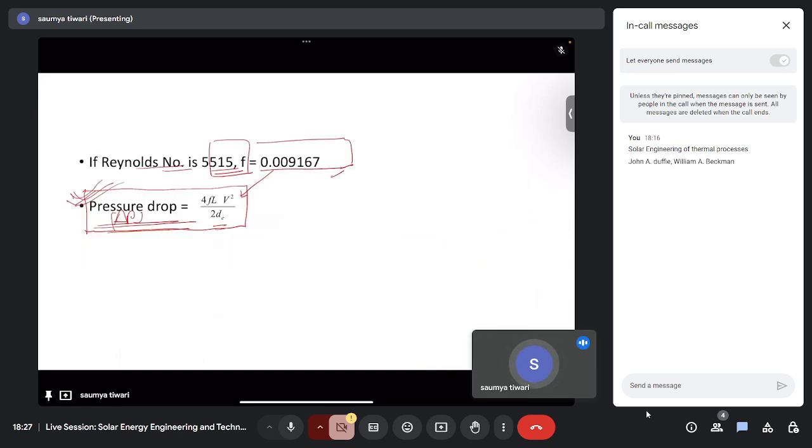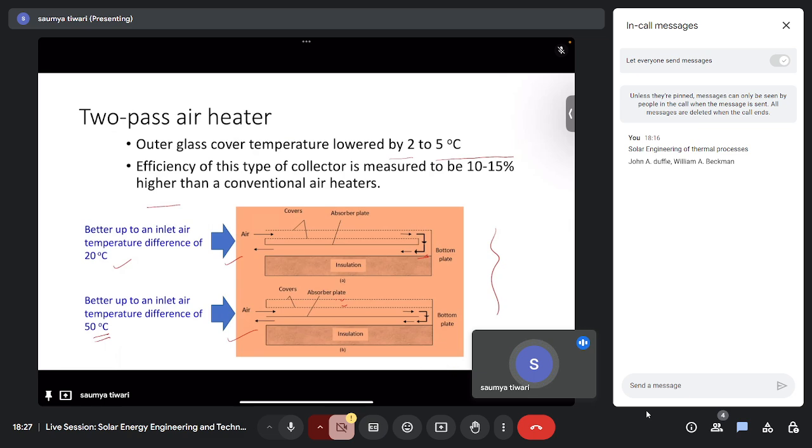From here, several types of solar air heaters are explained. As I have told, the two-pass air heater. This is your bottom plate provided with insulation, right? And this is your absorber plate.